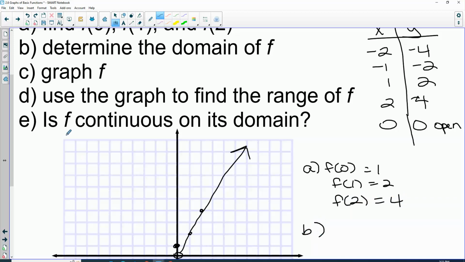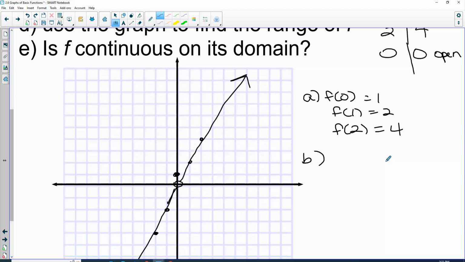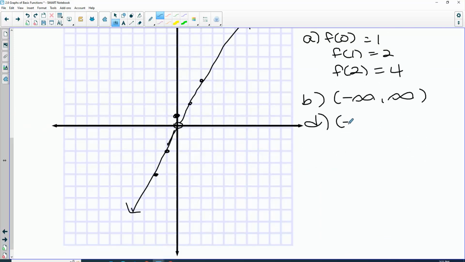What is the domain of this graph? What is the range? Because we never hit a y value of 0. We only had an open circle there.